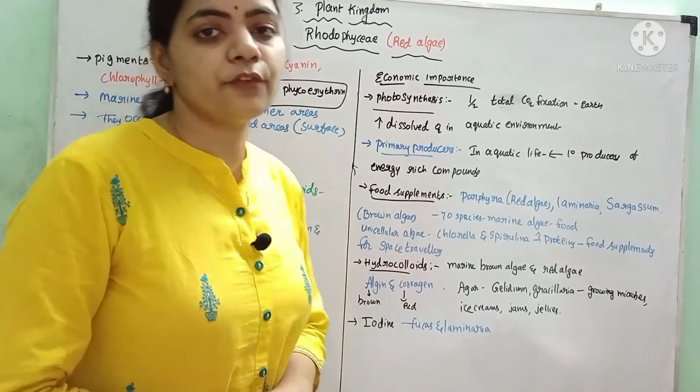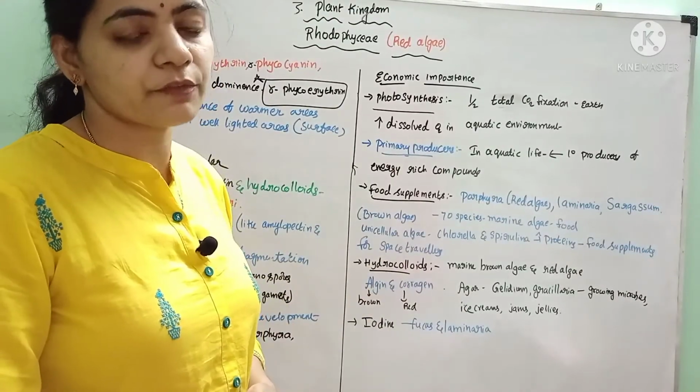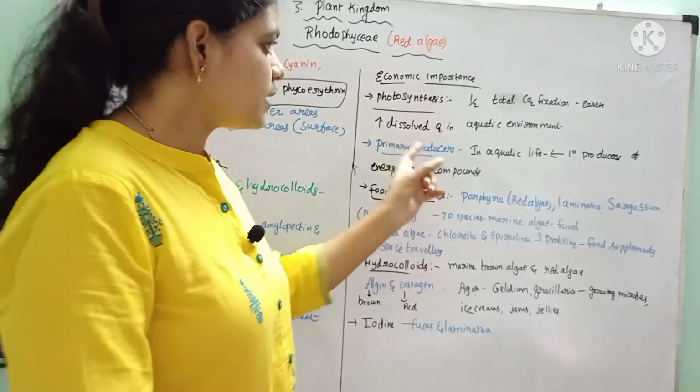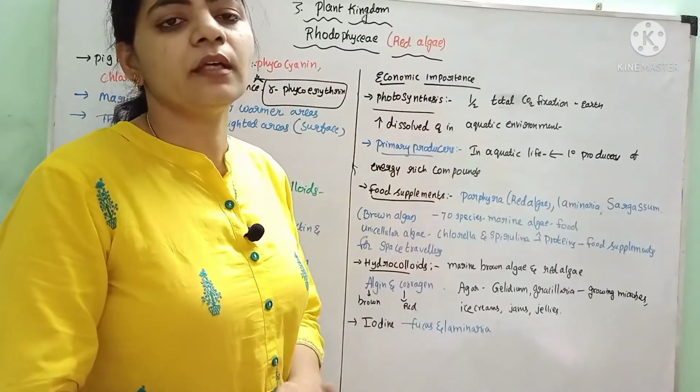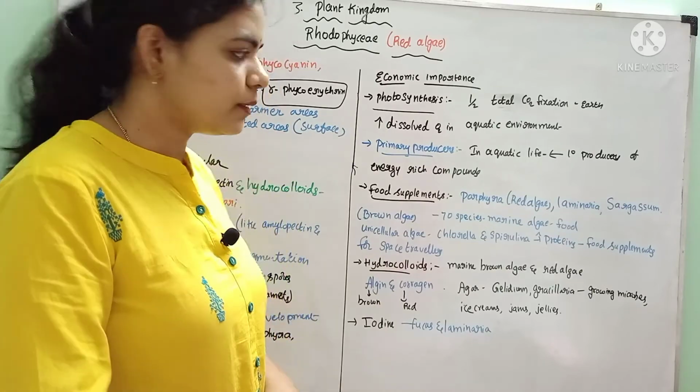Because of algal photosynthesis, the dissolved oxygen levels in the water increase, which is very healthy for the survival of aquatic animals. They release this oxygen into the surrounding environment, and it is used by all the aquatic animals.